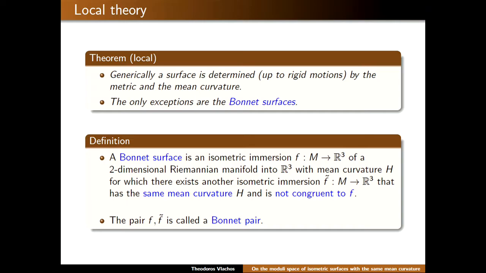I will first review what is known about this problem. There is a local theory, which basically says that generically, a surface is determined by the metric and the mean curvature. There are exceptions, and the exceptions are the so-called Bonnet surfaces. So what is a Bonnet surface?